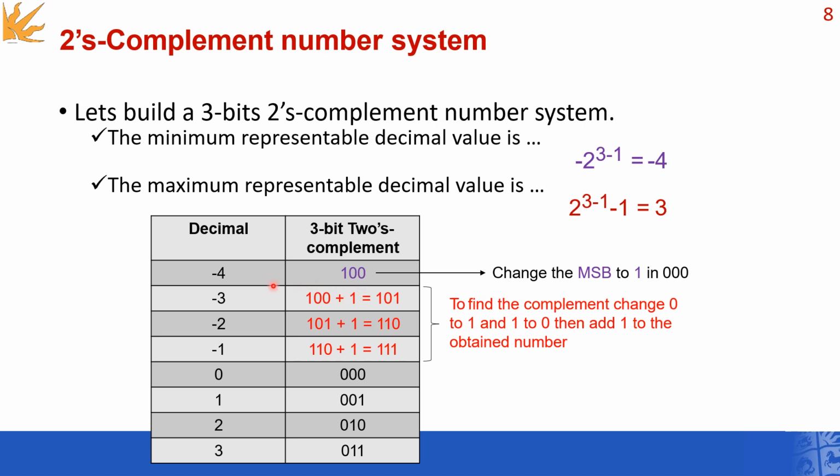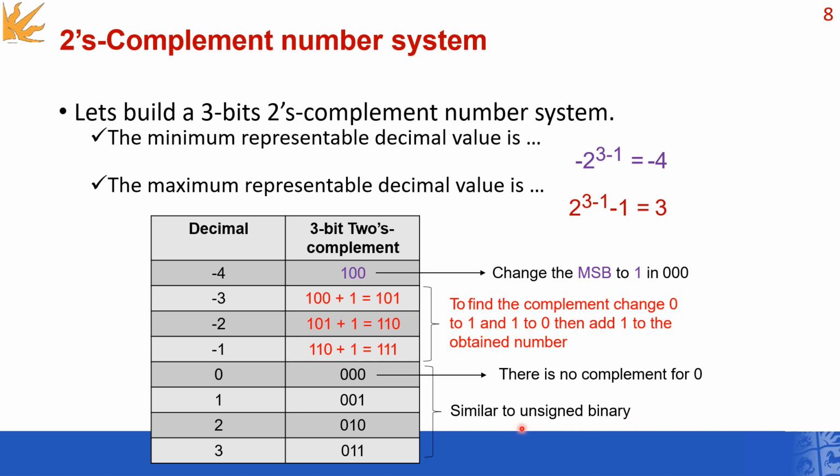So if you go to -4, which is 1, 0, 0, you simply add 1, and you get -3. Then again you add 1 and you get -2 in this form, and so forth. We say that there is no complement for 0, 0, 0 because obviously that is used for -4.